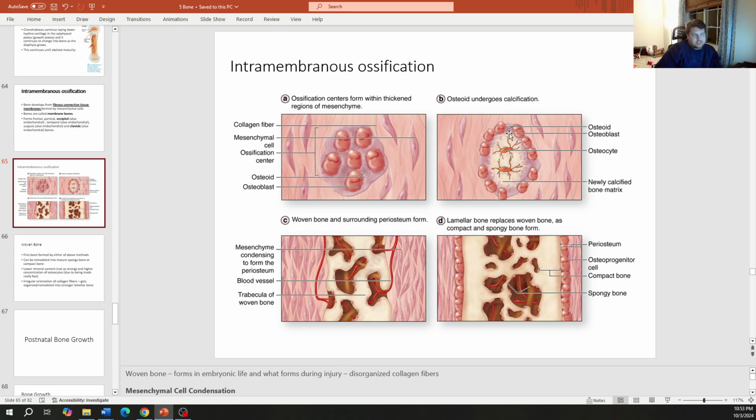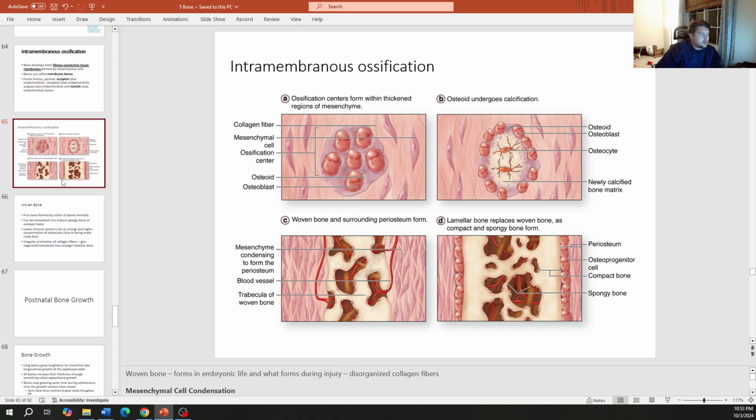It undergoes its calcification. You get osteocytes, and it continues to expand outwards. So it's a little bit more like a trabeculae kind of different looking pattern. It's more like an inside out kind of approach, and it happens all over, but it gets the job done. Intramembranous ossification isn't tested on as heavily as the endochondral, just because endochondral is much more common in the body.